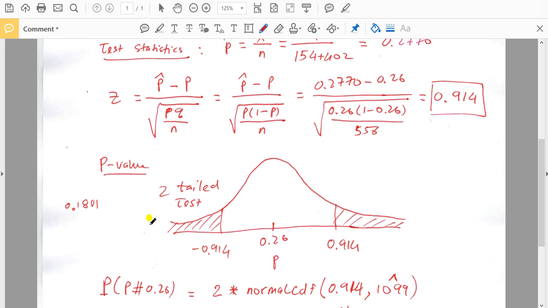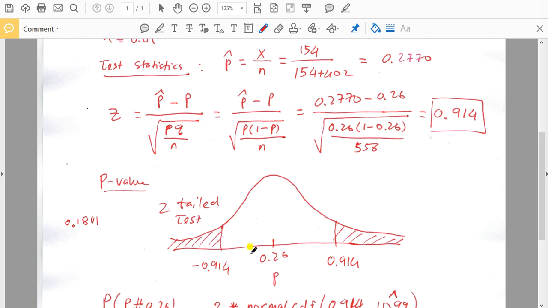So this is the area of this whole region here, and because they are symmetrical, I just multiply this number by 2 to get the area of both sides. That number multiplied by 2 gives me around 0.3602. So if we use the z-score table, we end up with 0.3602.